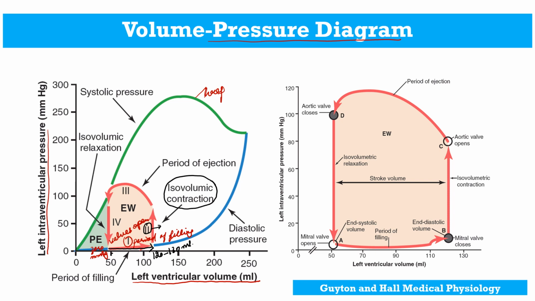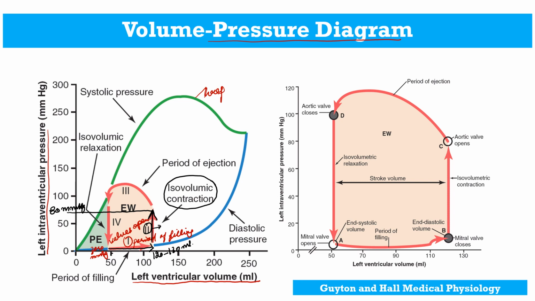During this phase, as you can see from the diagram, the volume remains the same, but the pressure increases. The pressure inside the ventricles becomes equal to 80 mm of mercury.